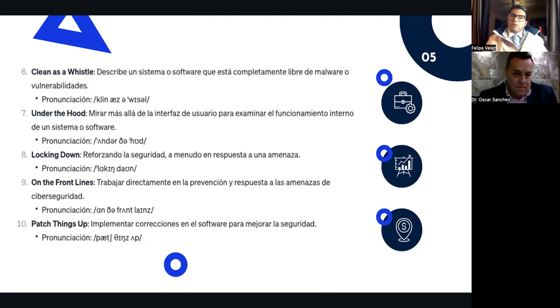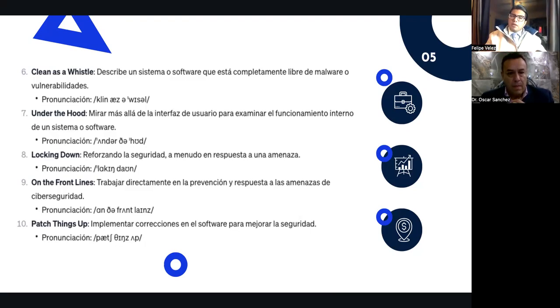Then we say under the hood. Under the hood. So what's the meaning of under the hood? It's a different terminology, and means to go beyond what the user can expect. The user, like me, I don't know about computers, just normal stuff, but there is another way to infiltrate.